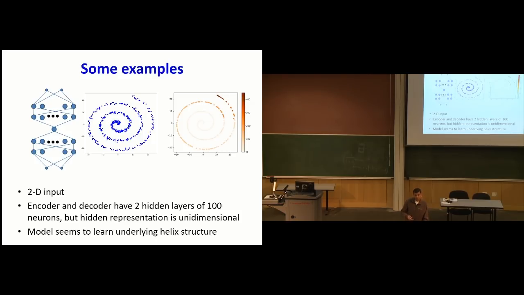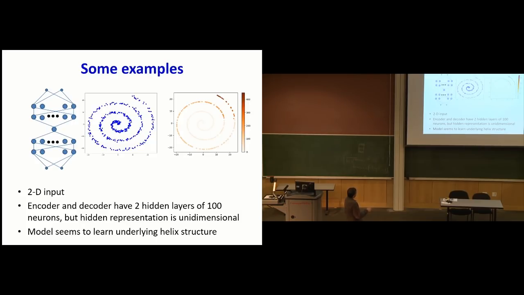And the only thing I need to know is where on the spiral the data is, which means that I can start from here and I can compute the length along the spiral. And so long as I give you that z position on the spiral, I should be able to give you a pretty good guess of where the data lies, right? And it turns out that if I actually train my network properly, this is exactly what it learns.